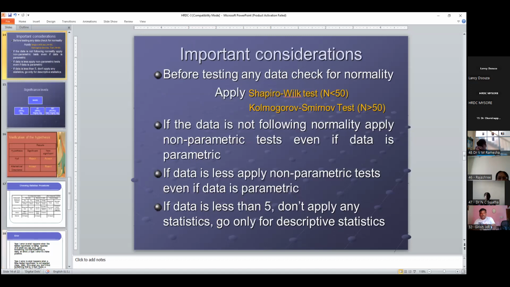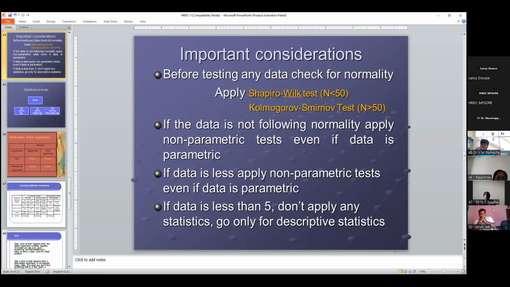Again, I'm repeating, what are the important considerations while doing a statistical analysis? First of all, you have to check for normality. This normality check can be done, as I said yesterday, by a Shapiro-Wilk test when n is less than 50, or through the Kolmogorov-Smirnov test when n is more than 50.